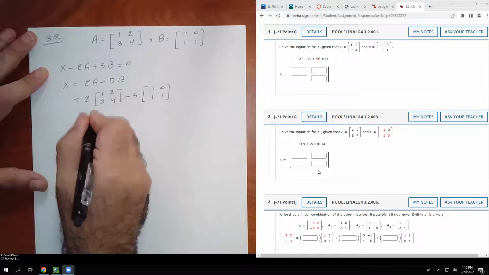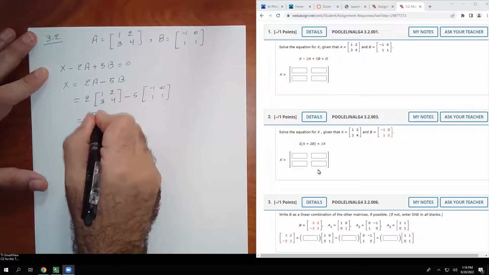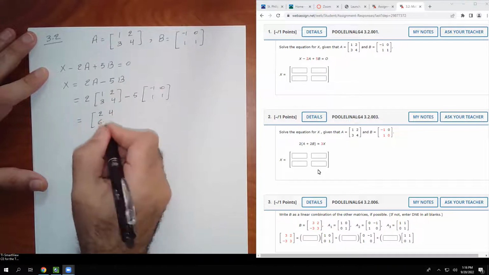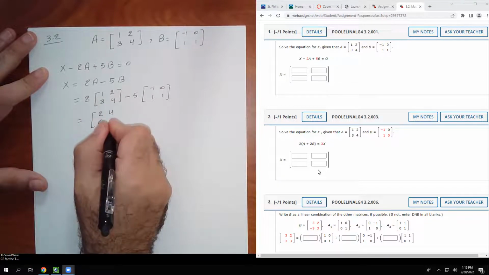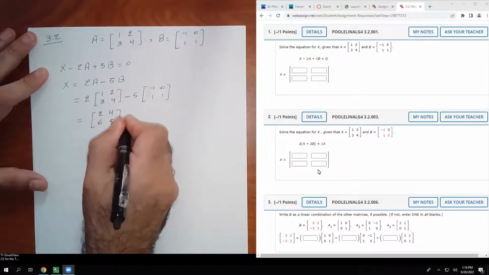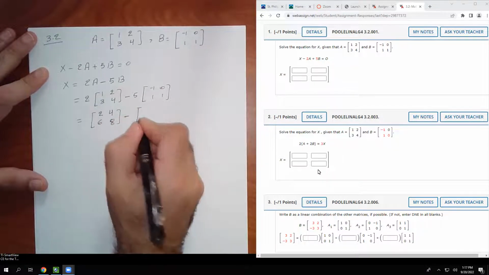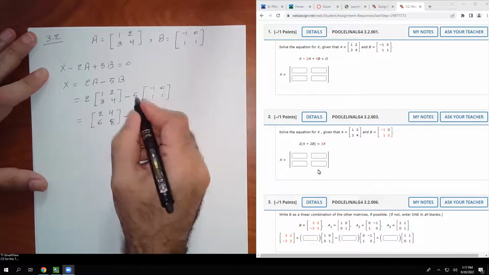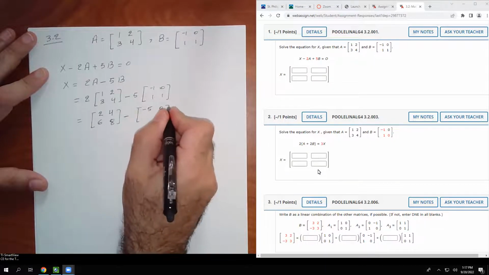So 2 times 1 is going to be 2, 2 times 2 is going to be 4, 2 times 3 is going to be 6, 2 times 4 is going to be 8. This is minus 5 times -1, which is going to be -5... 5 times 0 is going to be 0.